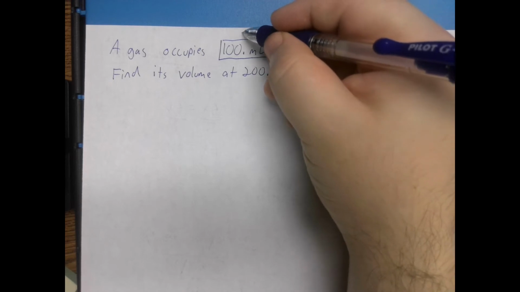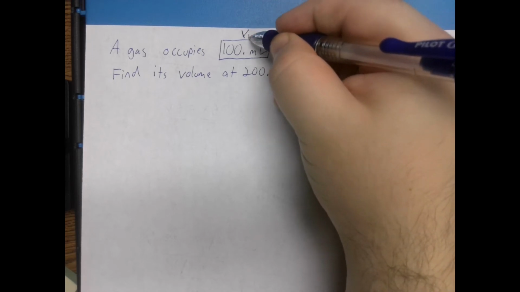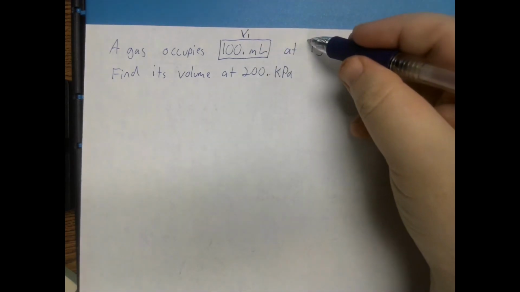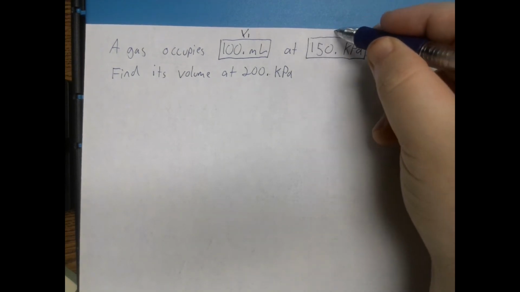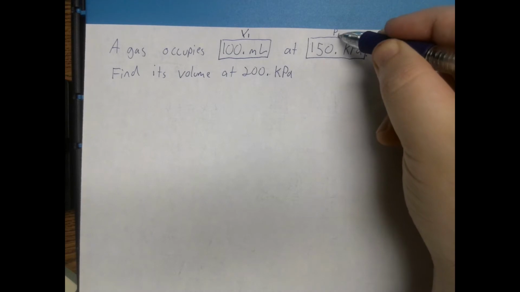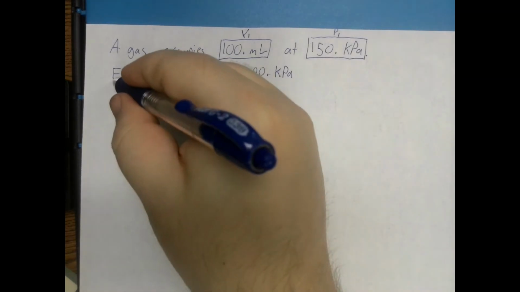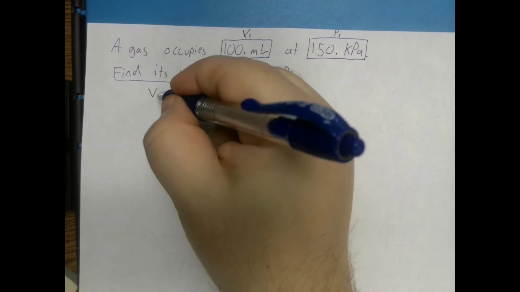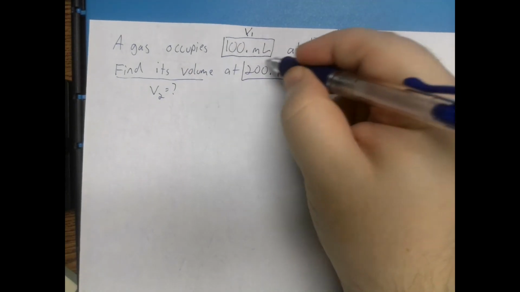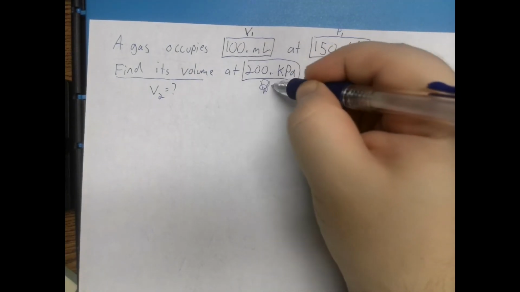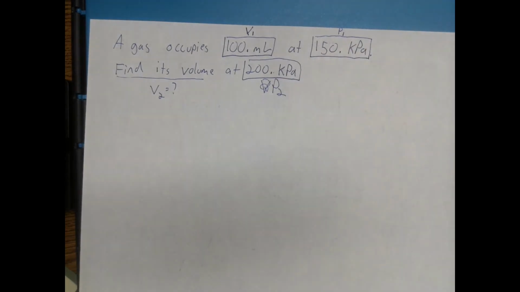So here, this is volume, your initial volume. Kilopascal, you have to memorize that it's pressure. So that's your initial pressure. We are looking for its final volume at a final pressure of 200 kilopascals.